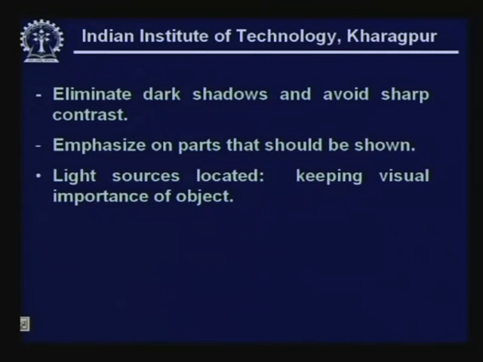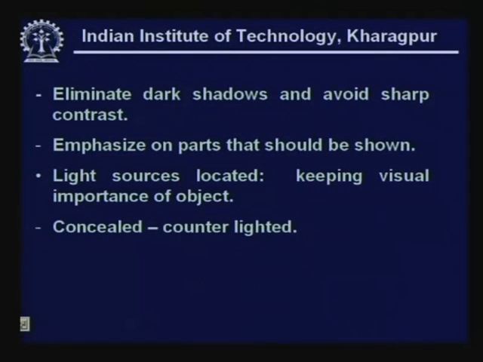Hence, we recommend that sources be located keeping the visual importance of the object in mind. For instance, you need a lamp placed right above the blackboard in a classroom, so that the students are able to see what is written on the board.